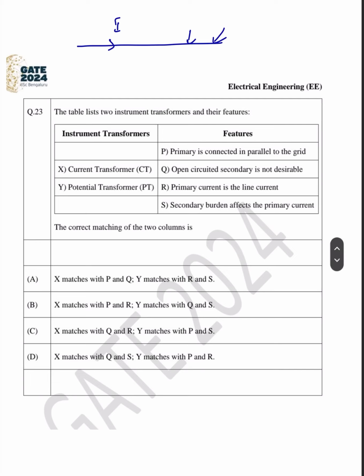This is nearly 11 kV and above line. So it carries lot of current because the load is itself having huge. So by using this, you must design the current transformer and potential transformer.